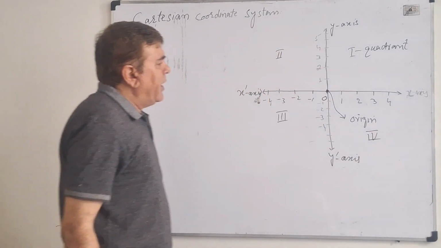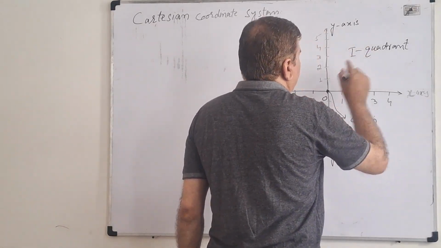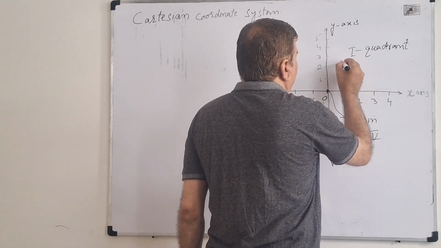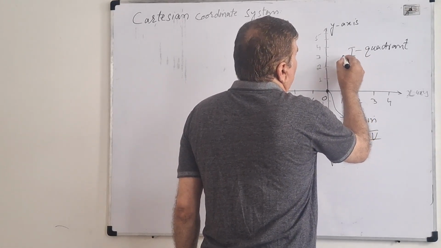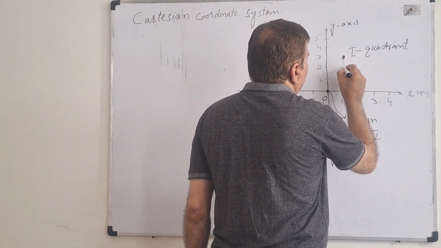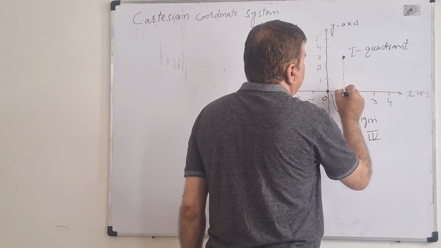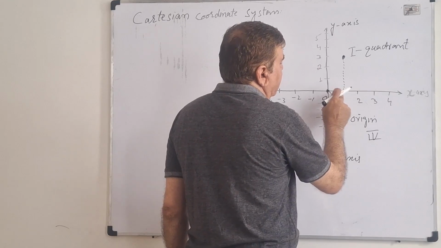Now, if we take a point anywhere in this plane, let's say I consider this one point, and I want to assign values to this point. For that, I drop a perpendicular on the x-axis first and let it meet at 1, though it is a bit to the right of the 1, but I call this 1.